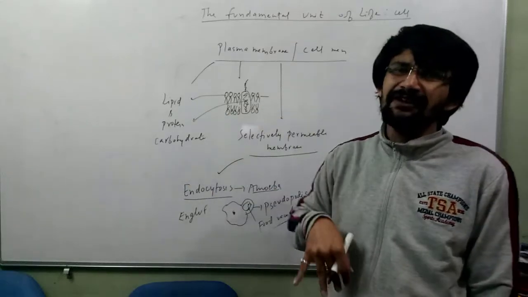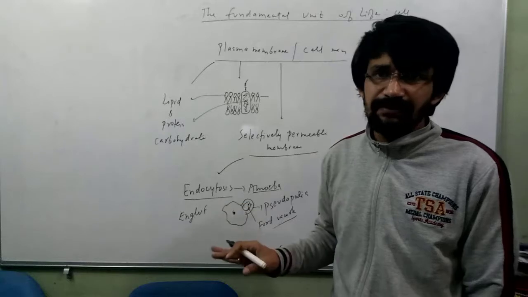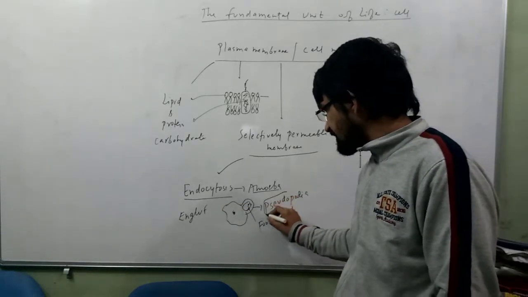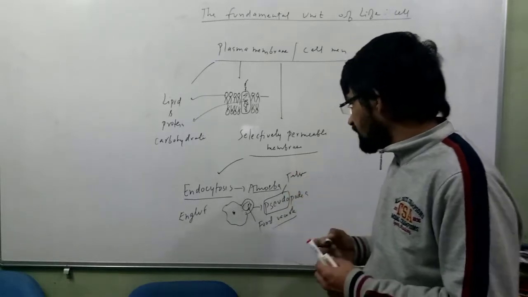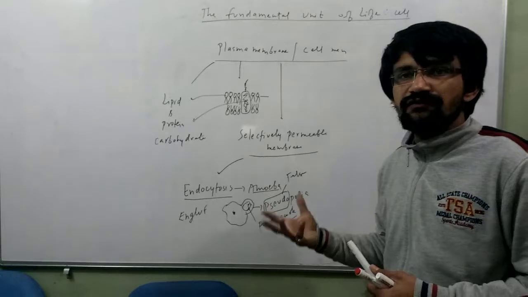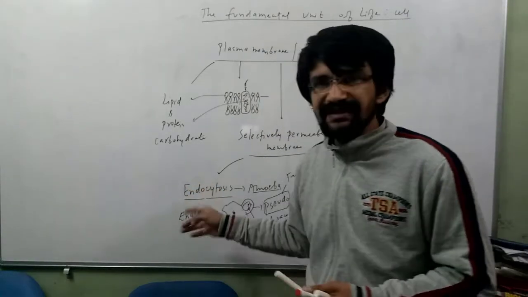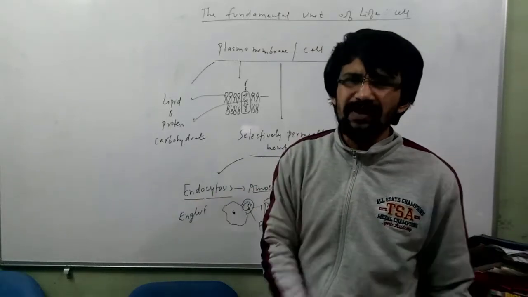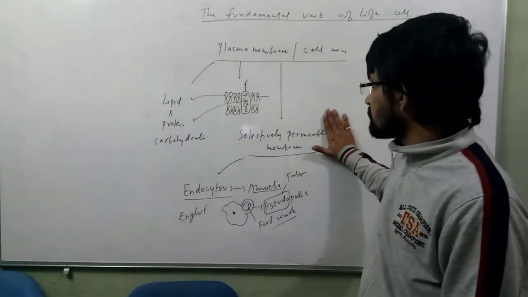That means engulfing of the food particles with the help of the cell membrane. Now pseudo basically means false, and podia basically means feet, so false feet, right? And endo basically means inside, and cytosis is related with the cytoplasm that we'll be discussing soon. So this is about your selectively permeable membrane.